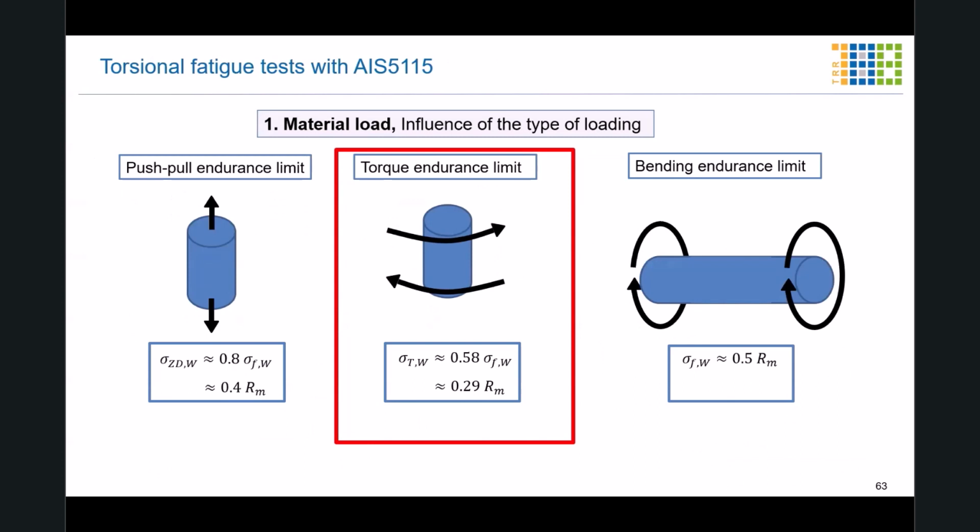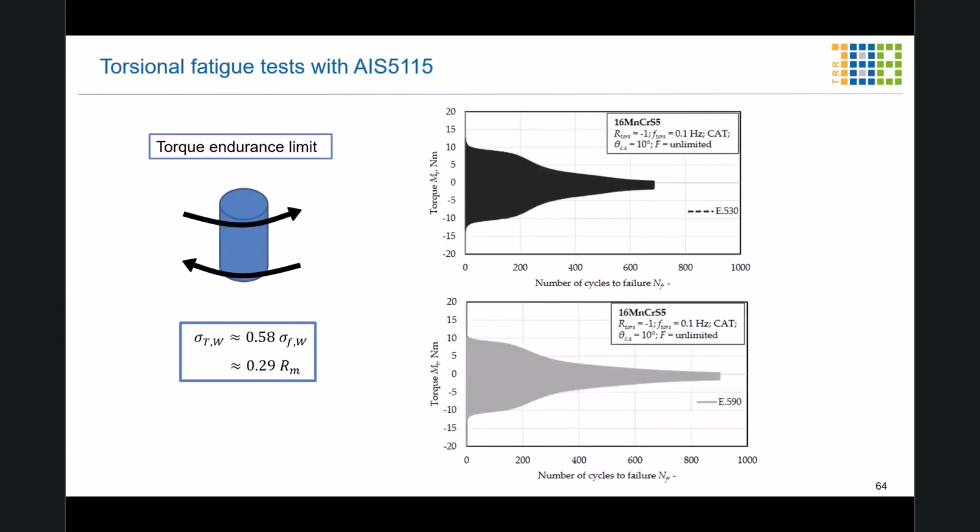Now we'll come to the torque endurance limit, or the torsional fatigue test within the TRR 188. In this case, there's a comparison between different damage states: the shoulder opening angle of 30 degrees in the upper half and the shoulder opening angle of 90 degrees in the lower half of the page.